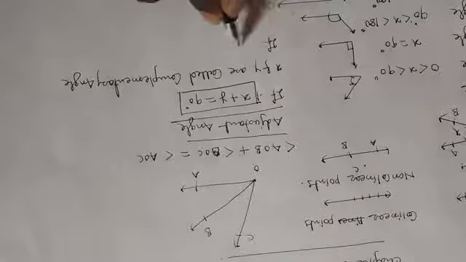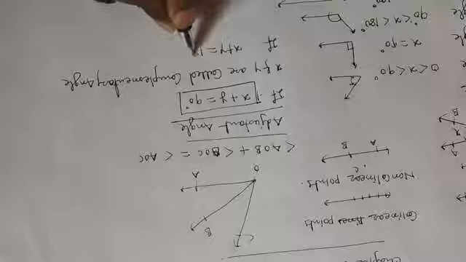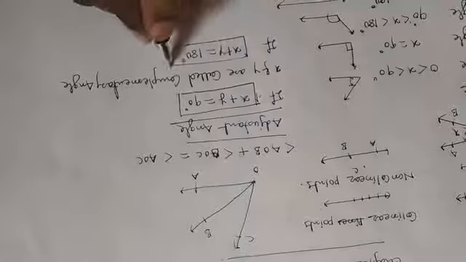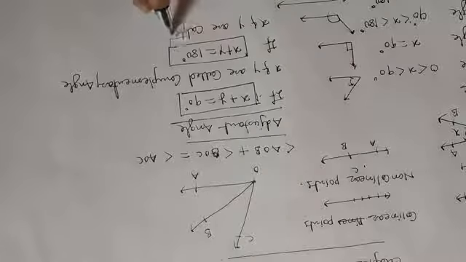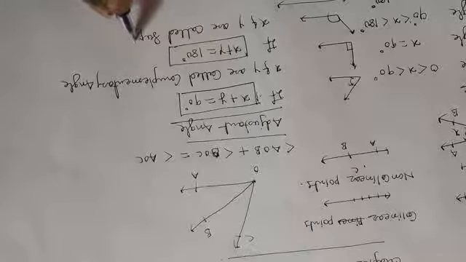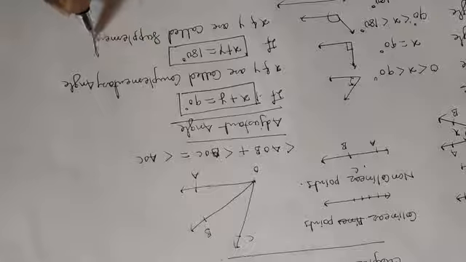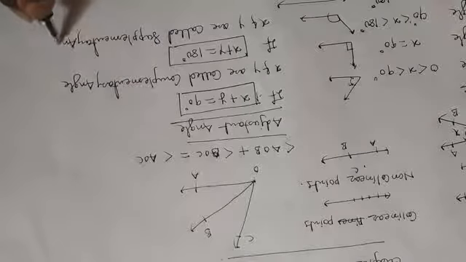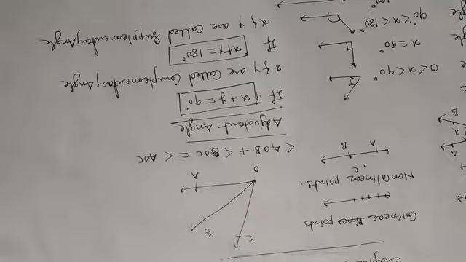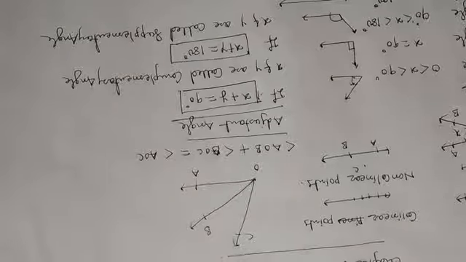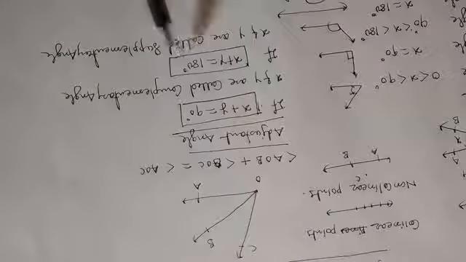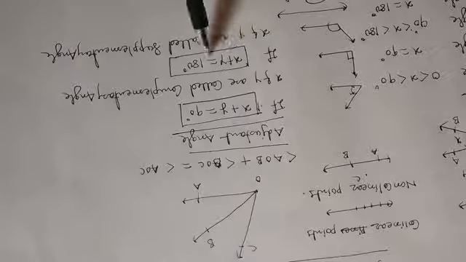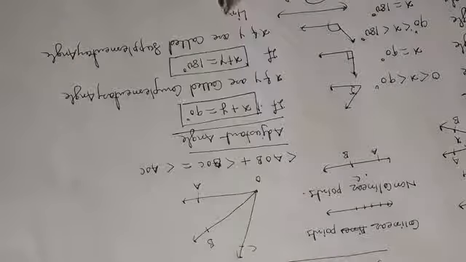Also, if X plus Y is equal to 180 degrees, then X and Y are called supplementary angles. But if they are adjacent, then it is called a linear pair of angles.